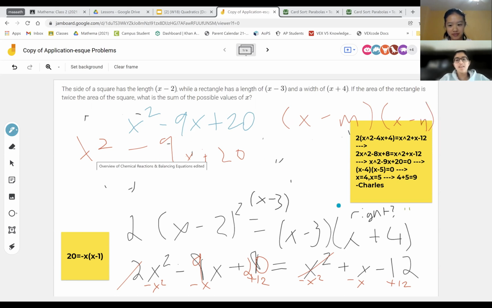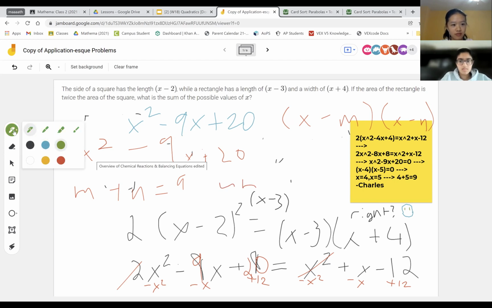So we can see that negative m minus n is equal to negative 9, so m plus n is equal to 9. And then we can see m times n is equal to 20.